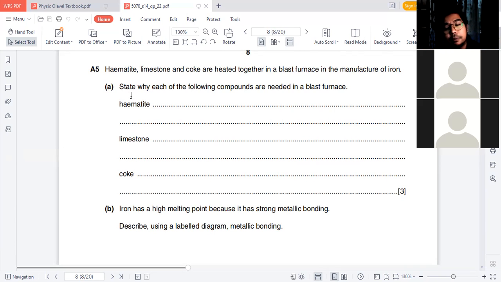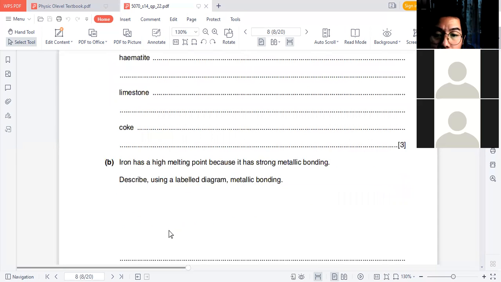Yes. Now, iron has a high melting point because it has a strong metallic bond. Describe it using a labelled diagram of metallic bonding. We already talked about this, so make sure you know metallic bonding is where everything is positive, arranged in a regular manner and surrounded by a sea of electrons. You definitely need to remember that, because it is important.